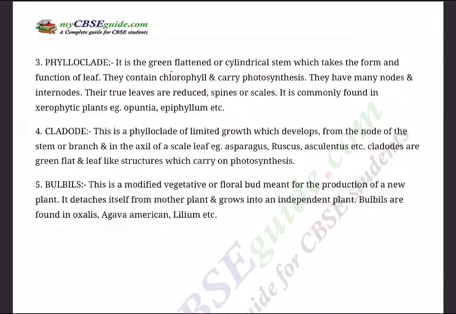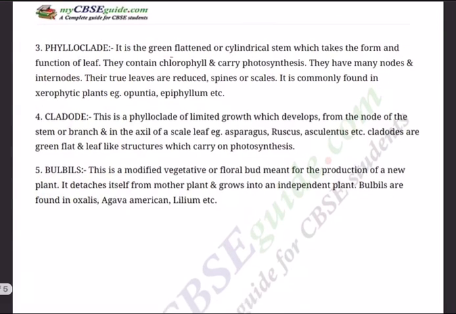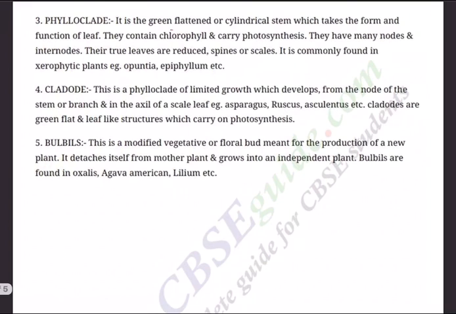Next, phylloclade. It is the green flattened or cylindrical stem that takes the form and function of a leaf. They contain chlorophyll and carry on photosynthesis. They have many nodes and internodes. Their true leaves are reduced to spines and scales. It is commonly found in xerophytic plants, plants that grow in desert conditions.